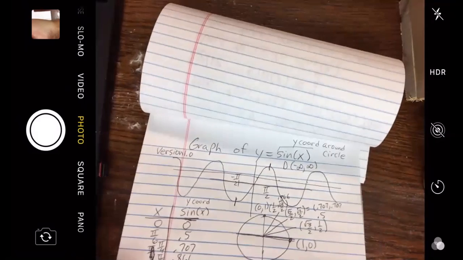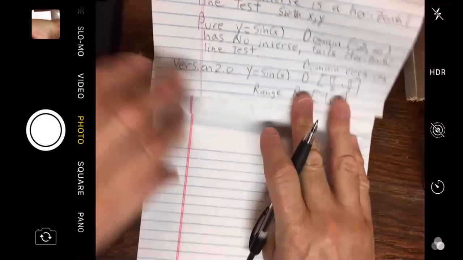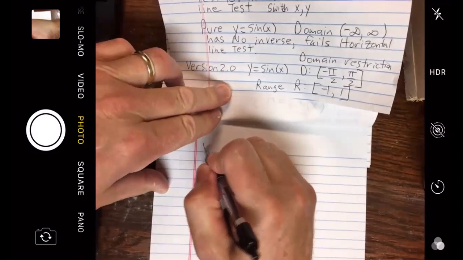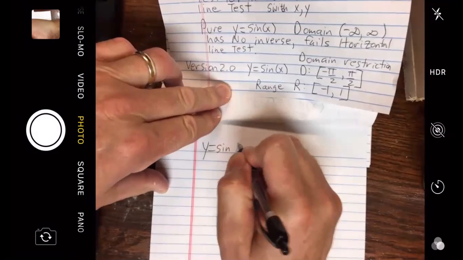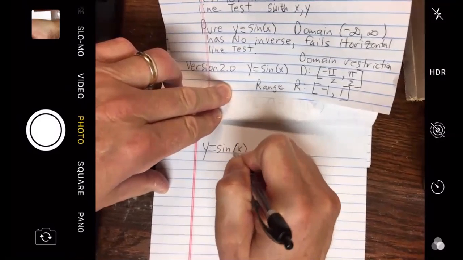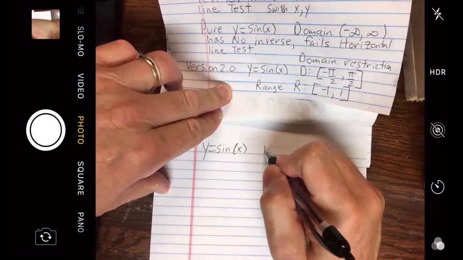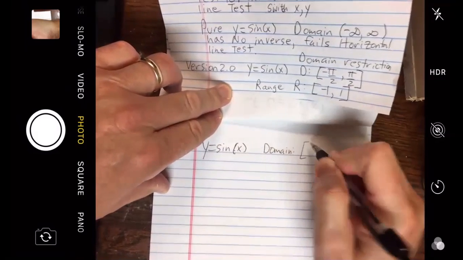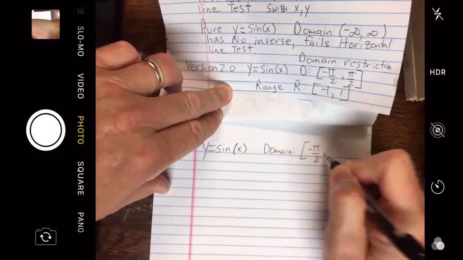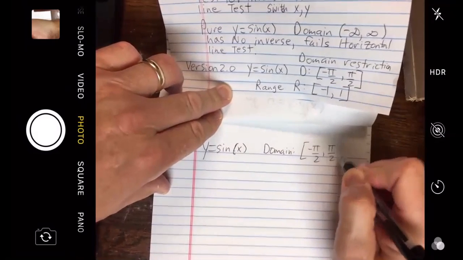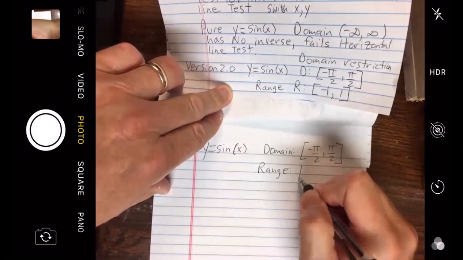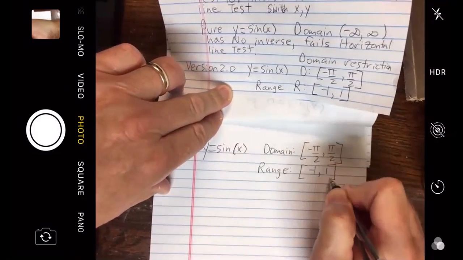Okay, so rewrite it up here if I keep it in line. Y equals sine of x. And to have an inverse, use domain negative pi over 2, pi over 2, range -1 to 1.